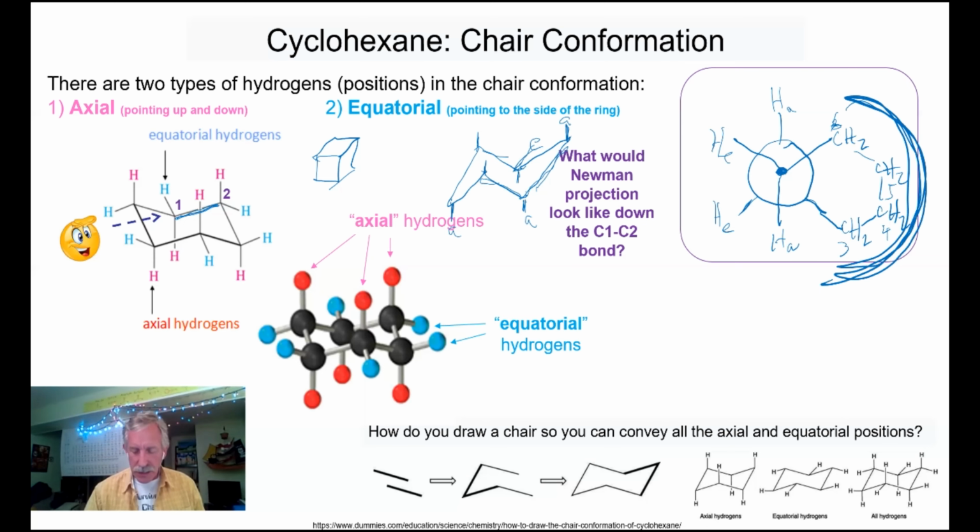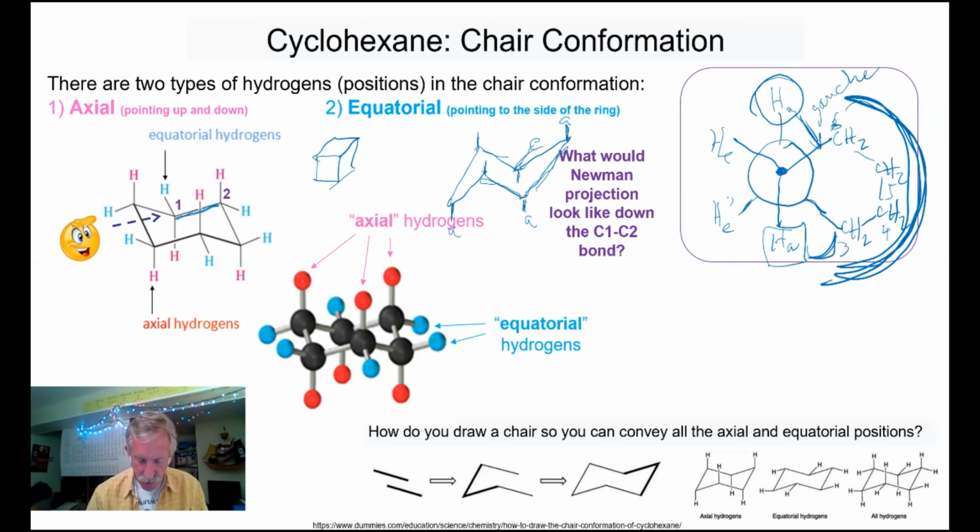And so what I want you to notice is that this axial position on the back carbon is gauche to the front carbon. The ring is gauche to the ring on the front carbon, right? And the same thing goes for the axial position on the front carbon. Notice it is gauche to the ring, the biggest piece. And so being axial is kind of tough because you're always gauche to the biggest ring.